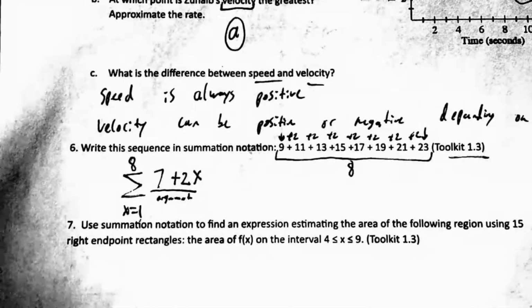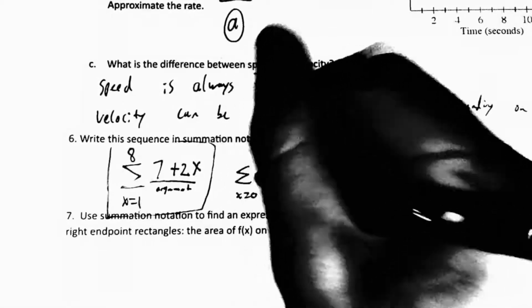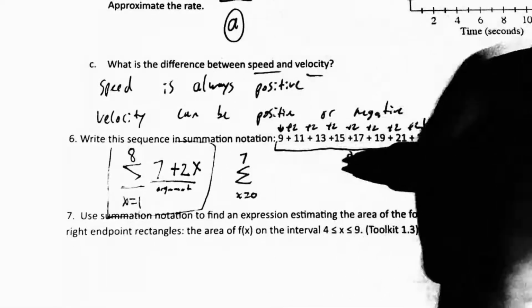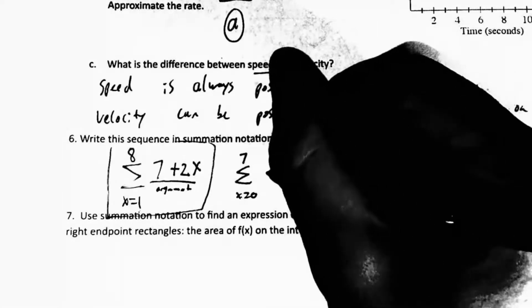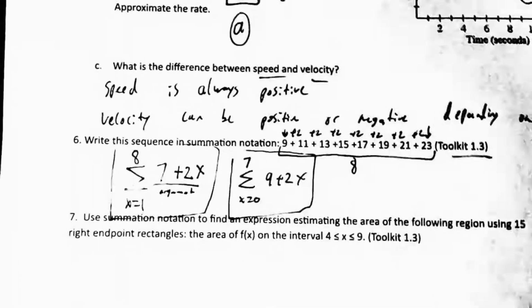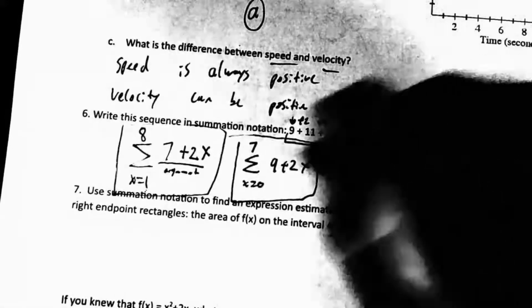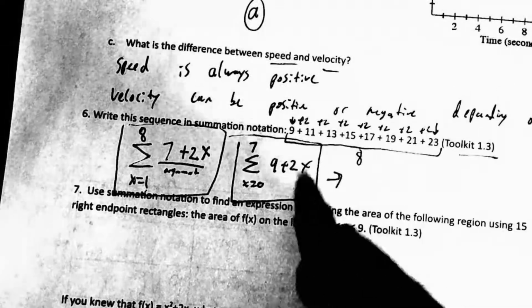Okay. You could also write this. So this is correct. This is a correct answer. You could also write it as the summation from 0 to 7 of 9 plus 2x. This is also acceptable. And you can always test it by plugging it in. So for this one, the reason that this works is because you're plugging in 0 as your first value.